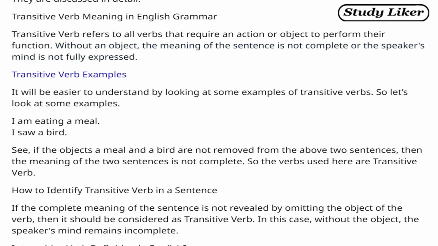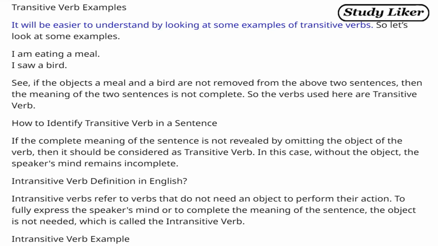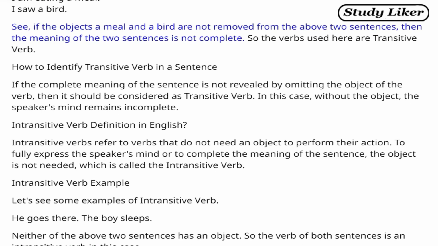Transitive verb examples. It will be easier to understand by looking at some examples of transitive verbs. So let's look at some examples. I am eating a meal. I saw a bird. See, if the objects a meal and a bird are removed from the above two sentences, then the meaning of the two sentences is not complete.